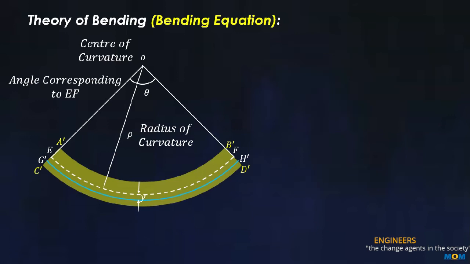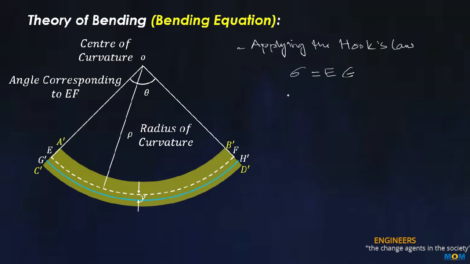Now by applying the Hooke's law, which is sigma is equal to E epsilon.